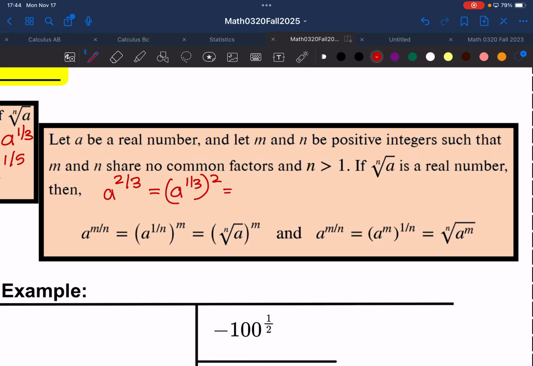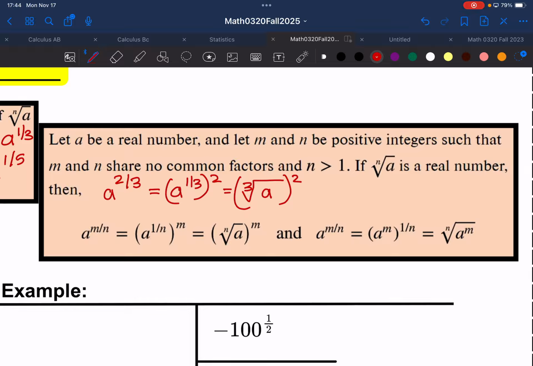Then this is the same as the cube root of a, and then squared. I would say this is the most common way you see it.